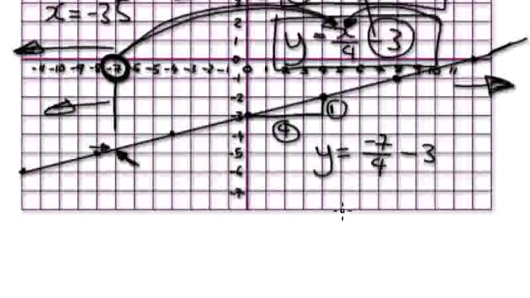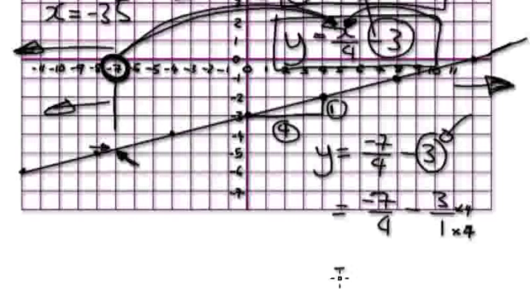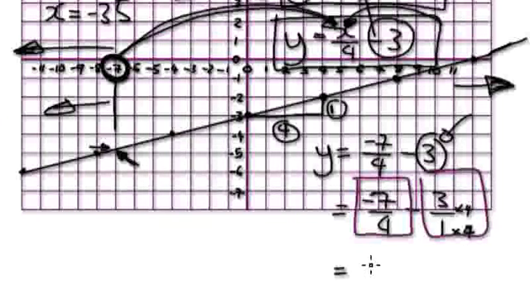Okay, so it's just a matter of working this out. Let's turn this bit into a fraction. So we've got -7 over 4 minus 3 over 1. We're just turning this number into a fraction. Now times top and bottom by 4 just to get the two denominators to be the same. Because in order for us to add or take away fractions, we need to get the two denominators to be the same.